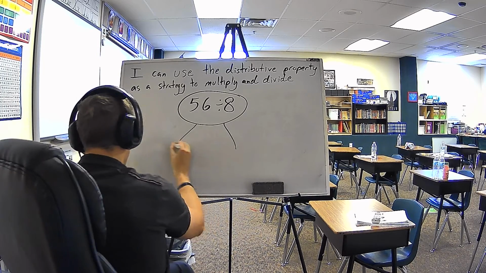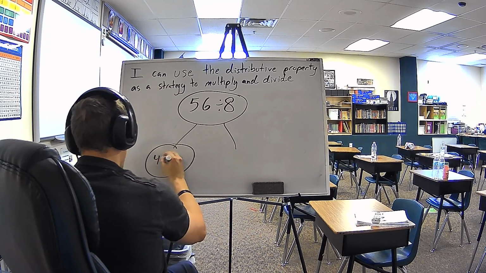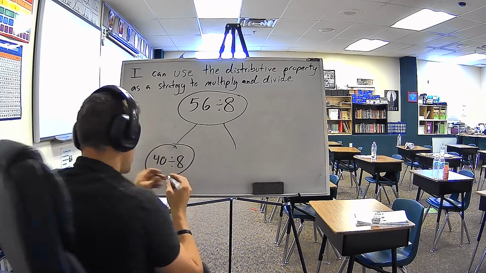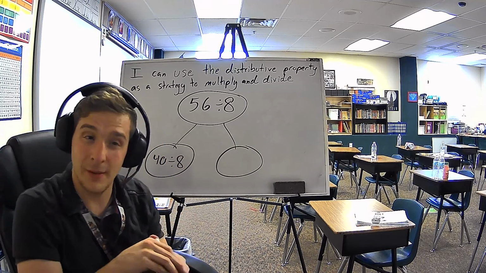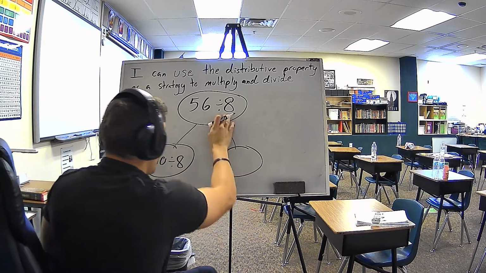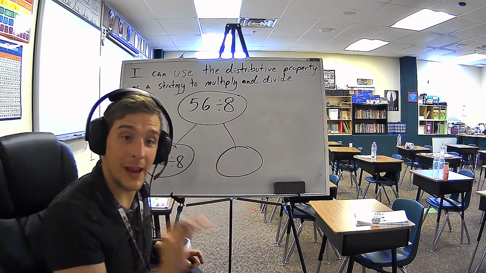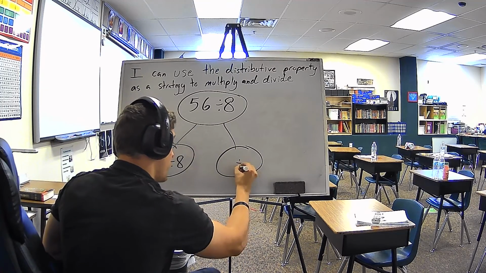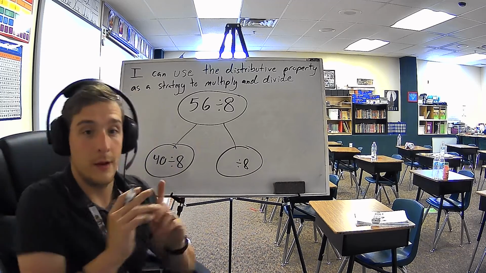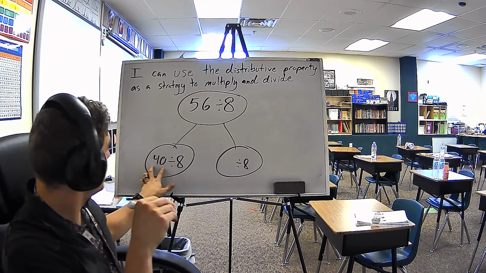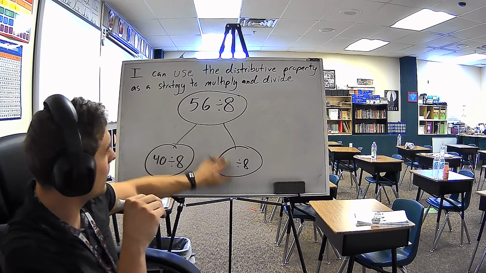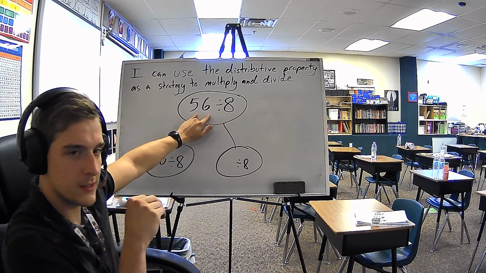So, over here, let's say I have 40 divided by 8. Now, this is the part that gets a little bit weird. I know the divided by 8 part can't change. So I'm going to say divided by 8. Now, that being said, this is 40. 40 and what make 56?